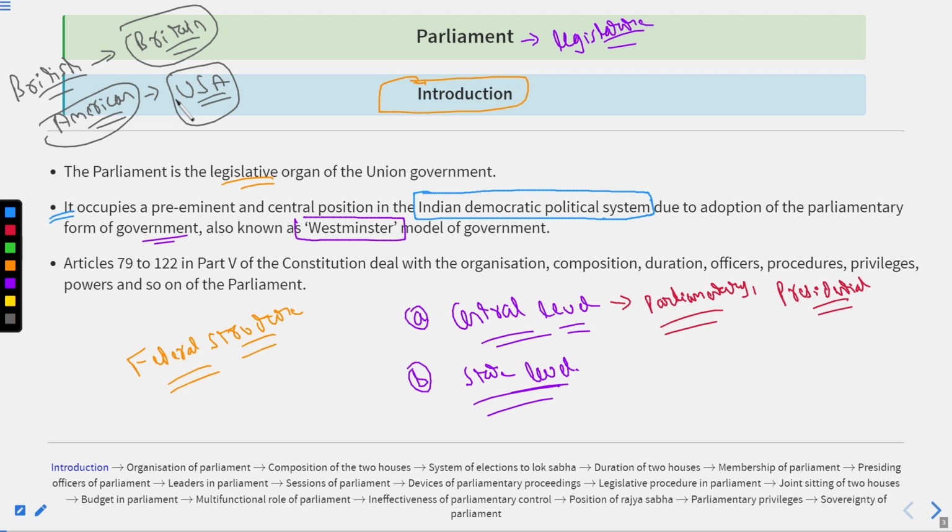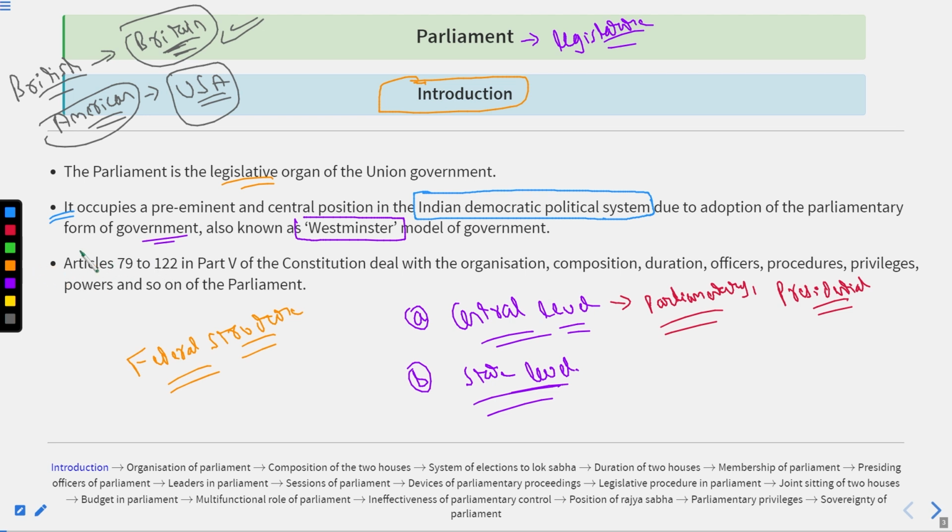This form of governance at the center level is derived from one of these two constitutions, the Constitution of Britain. Britain has the parliamentary form, while the United States of America has the presidential form. Since in India we have the parliament, we are influenced by the British system, and that's why it is known as the Westminster model of government.